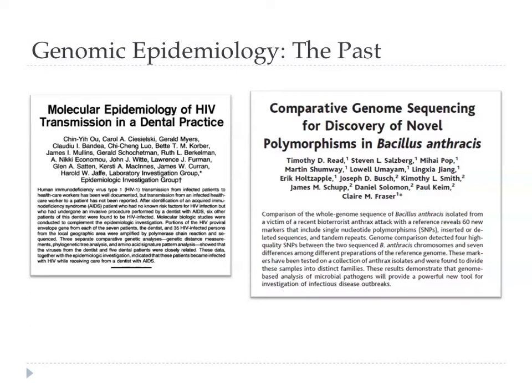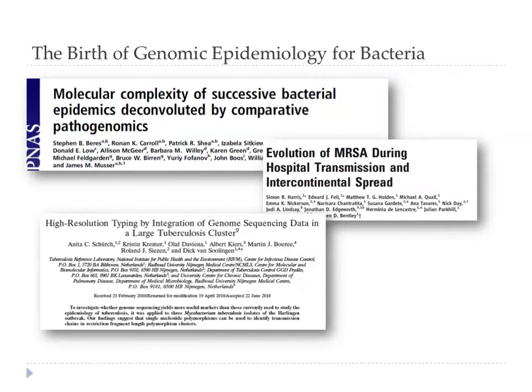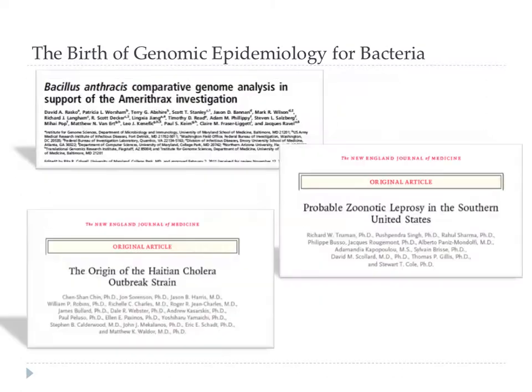The Amerithrax incident stimulated a lot of work in this area, looking for polymorphisms in Bacillus anthracis. That was about 7 or so years ago. And in the last couple of years, we've seen several crops of papers now come out, looking at various organisms: Streptococcus pyogenes, MRSA, M. tuberculosis.